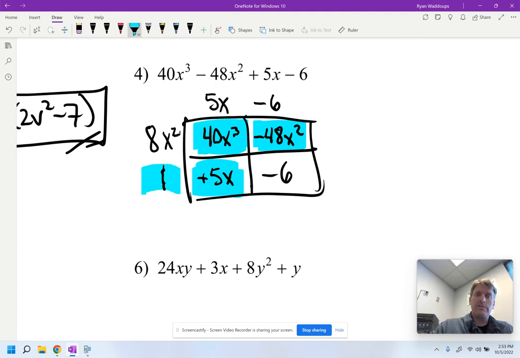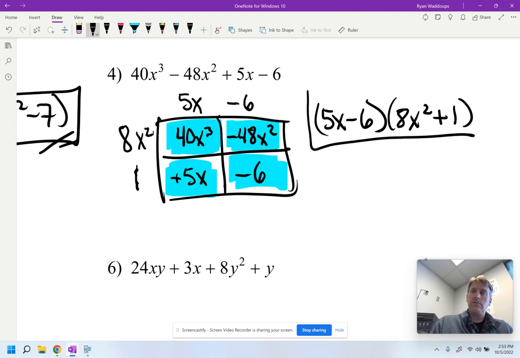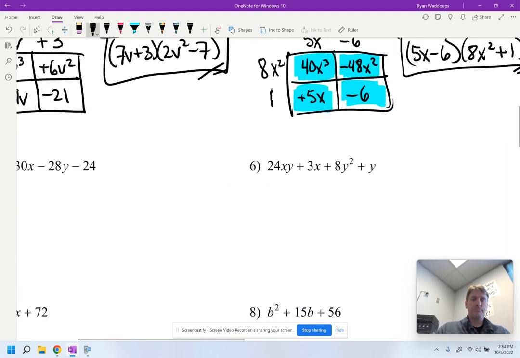And 1 times negative 6 is negative 6. So I've multiplied everything out, and they all pan out. So my factors are what I've just written out. They're 5x minus 6, the one from the top, times 8x squared plus 1. And those are the factors for number 4.